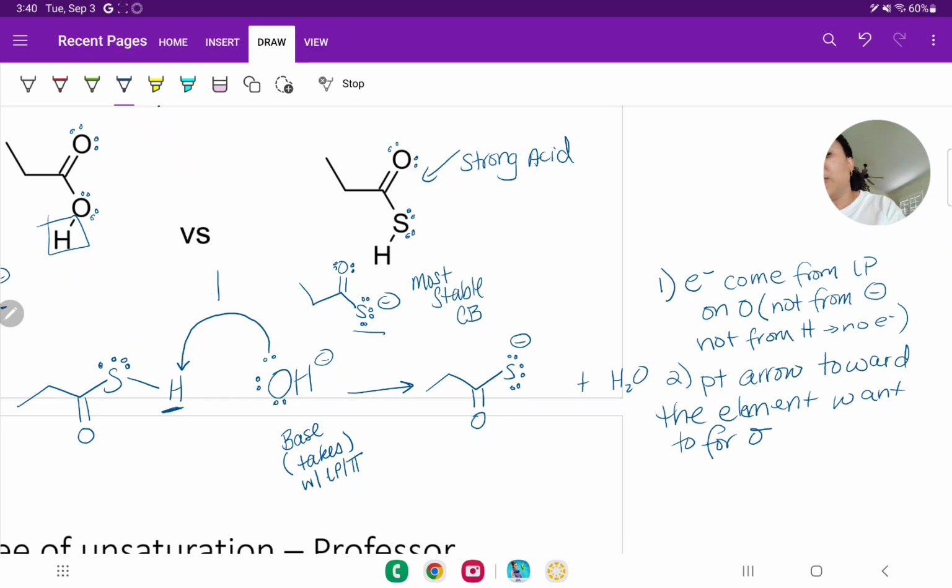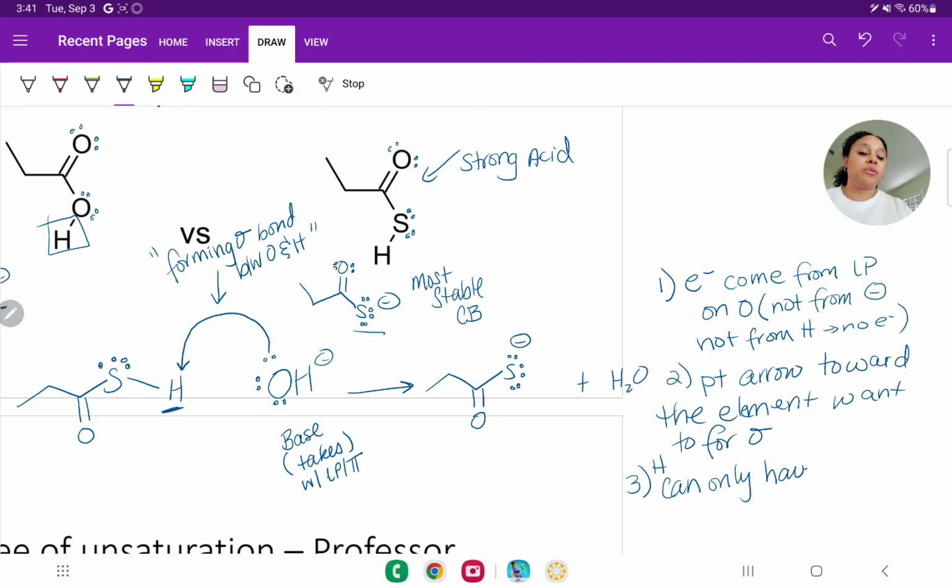So really what this is showing you is that this is what this really means. The translation is I'm forming a sigma bond between oxygen and the hydrogen. Okay, so it's the translation for that. Now, hydrogen can only have one sigma bond.